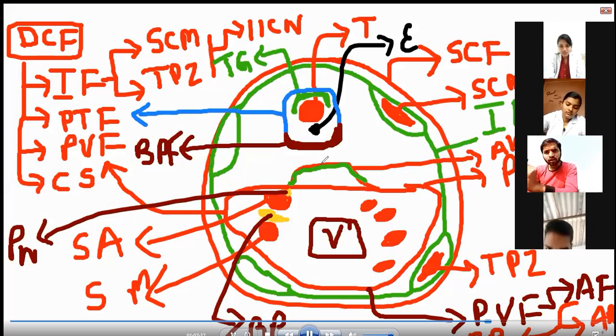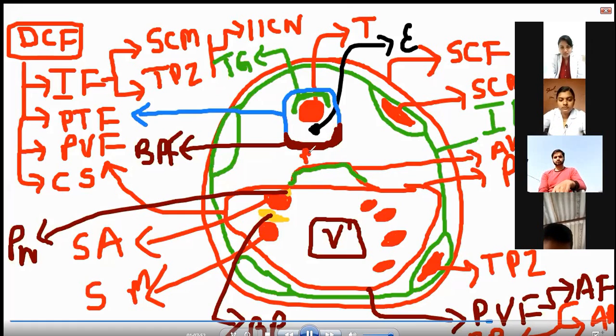Now see here, this is your which fascia? Dark color. Buccopharyngeal fascia. This is your which fascia? Alar fascia. This space is known as retropharyngeal space.